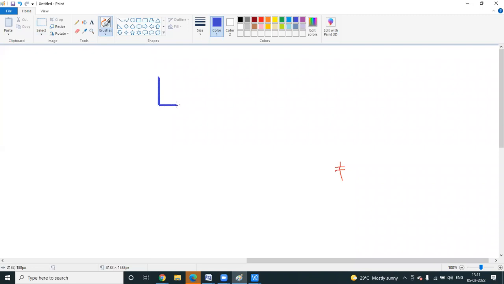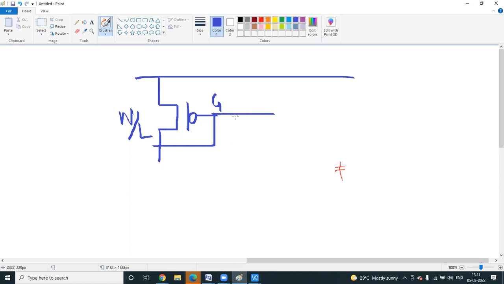Let me give you one example. Okay, next point, why are you connecting it like this? That you also need to ask. How is VGS1 equal to VGS2 in this circuit?